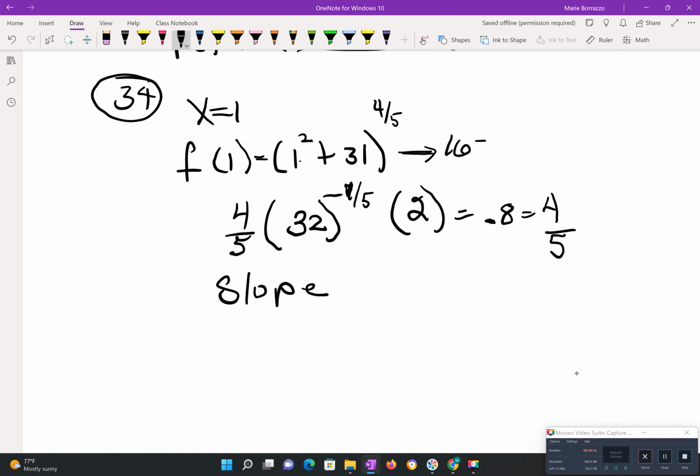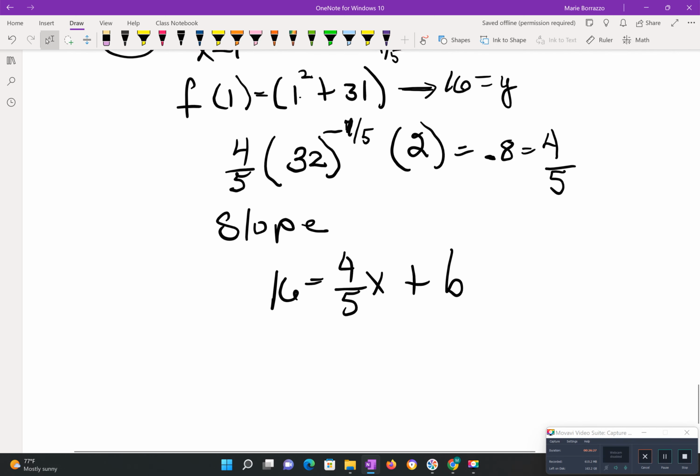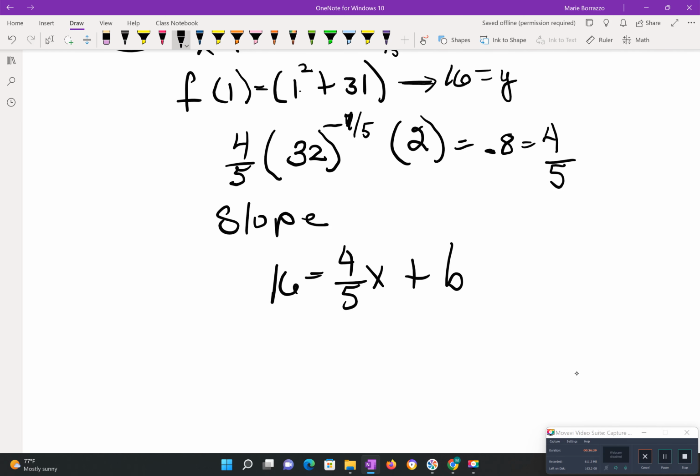So we know the value of y, basically. So we know 16 is equal to 4/5x plus, and now we have to find b. If x is 1, 16 is equal to 4/5 plus b.